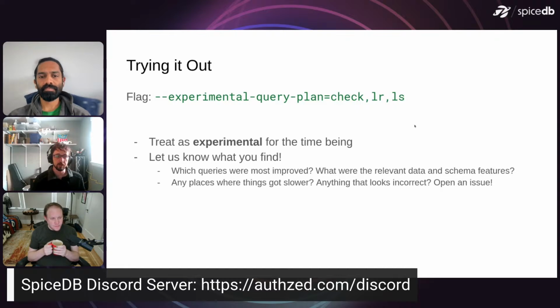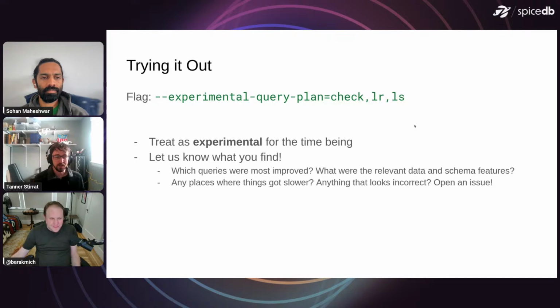Something that's generally true about query planners, like you'll see this in something like Postgres, is that occasionally the query plan makes the best guess with the information that it has, and that guess is entirely wrong for the particular data that you've got. We're expecting that this will also be a thing that happens in SpiceDB, because no query plan can work optimally for all cases.